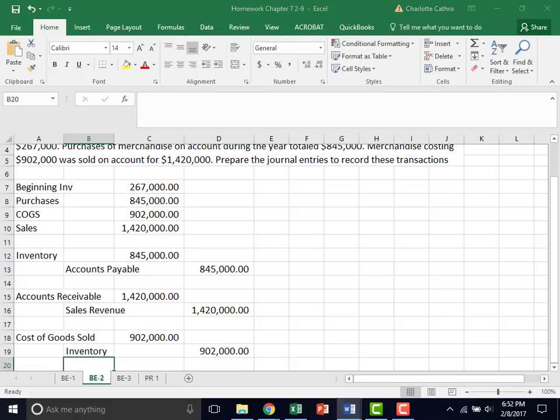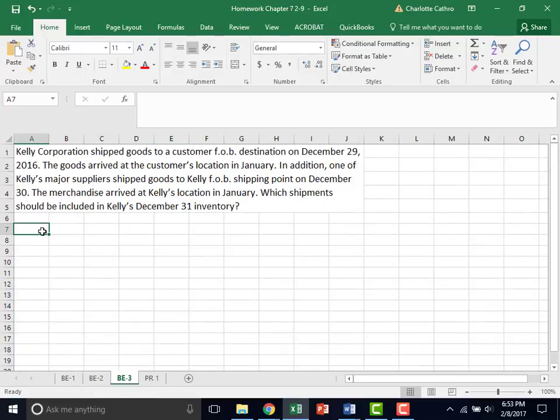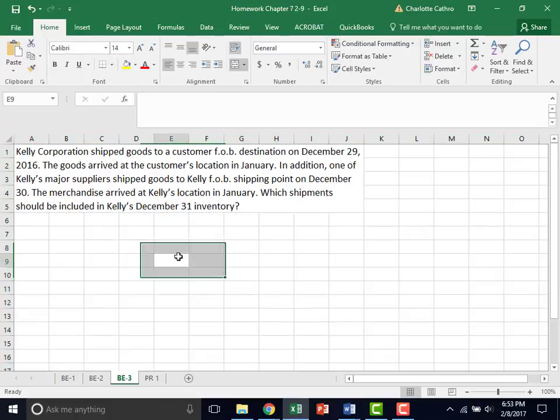So these are our journal entries to record our sales, our purchases, and both parts of the sale, the amount that we're going to receive from our customers, as well as the amount that it cost us to create that inventory.